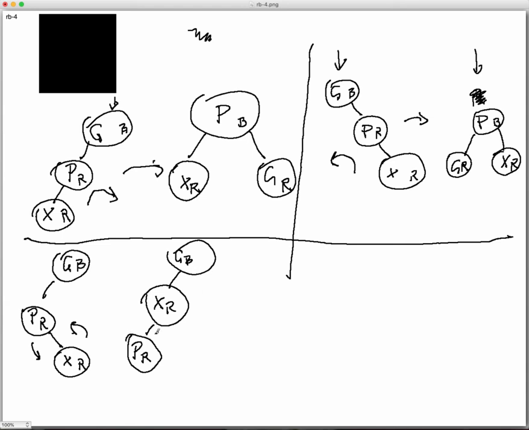And now notice this situation over here looks just like this situation over here. So I go ahead and do my rotation now. X comes up here, and G comes over here, and P comes over here.